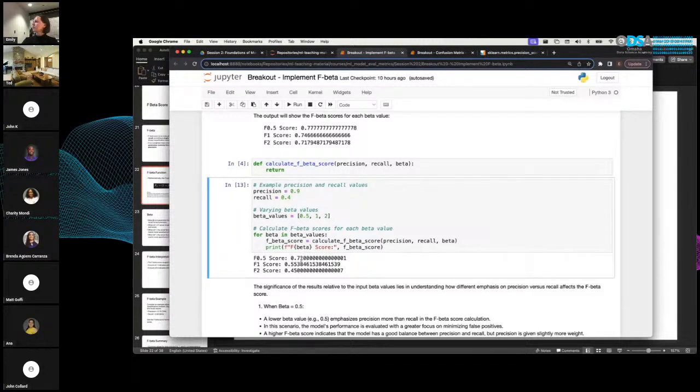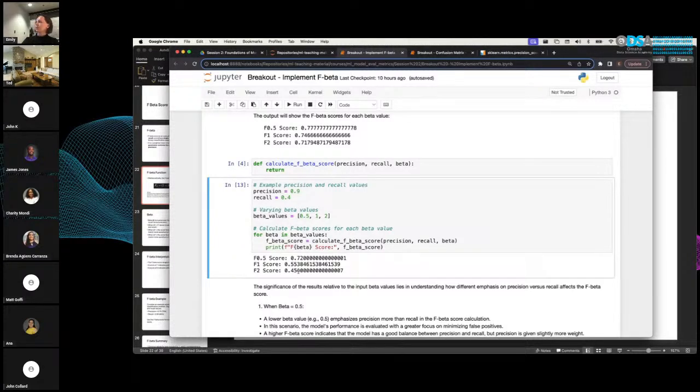But if you look at the F0.5 score, we have 0.72. It favors precision. It puts less of a penalty on recall, even though we have a really low recall. It's not as low of a score returned when our precision is 0.9 for the F0.5 score, and that's because the F0.5 favors precision.